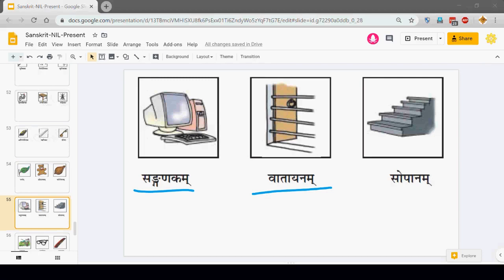We already read this before. Vatayanam. Vatayanam is window. Sopanam. Yes, Sopanam. Sopanam is staircase.